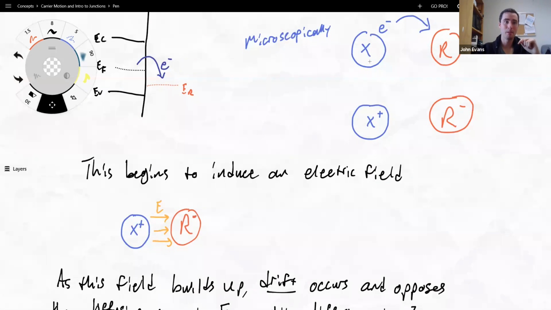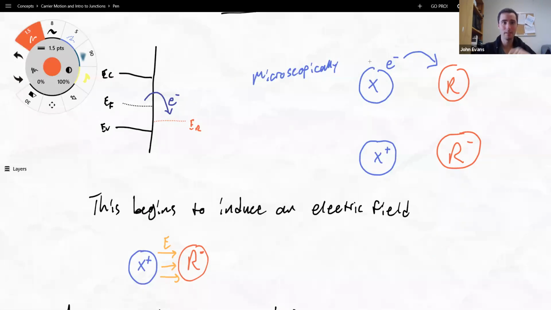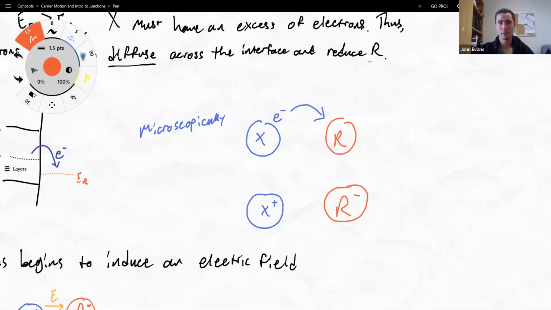If we look on this side, our diffusion current is what's bringing the electron over here. But now because we have our electric field here, remember the electron will go in the opposite direction of the vector for our electric field. So that's going to want to pull electrons back. So our electric field is opposing that diffusion force.